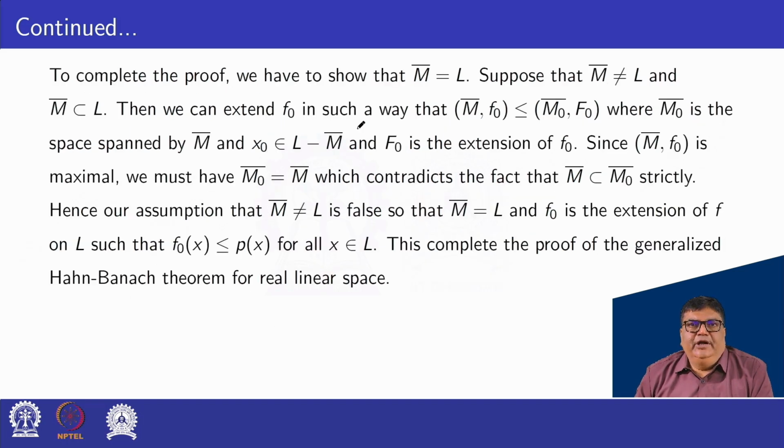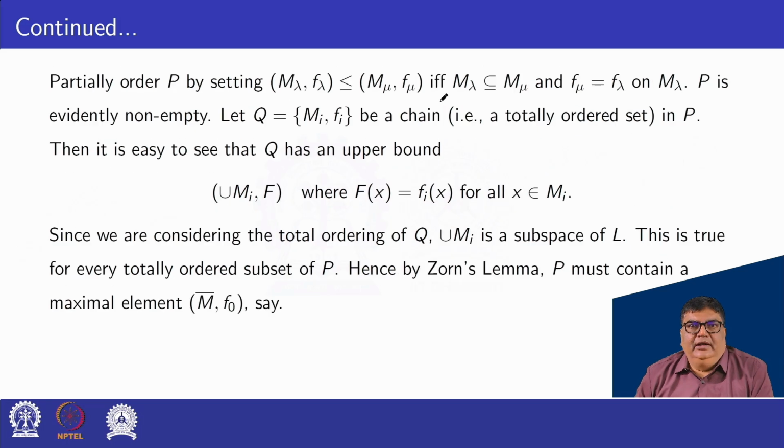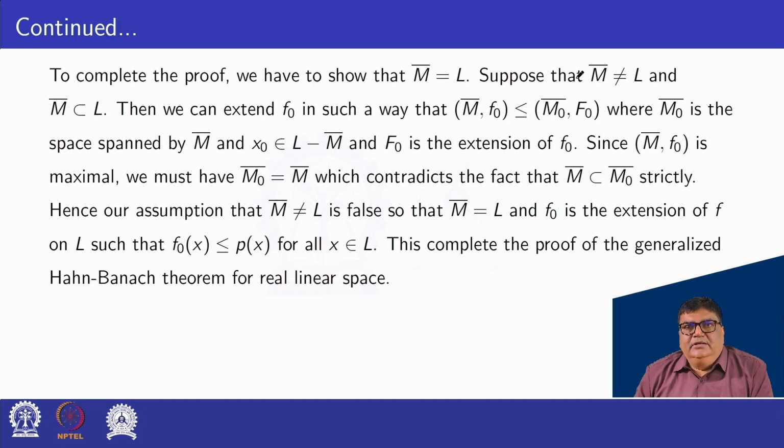To complete the proof, we have to show that M bar is equal to L, the whole space L. Suppose M bar is not equal to L and M bar is a subset of L. Then we can extend f0 in such a way that the ordered pair (M bar, f0) is less or equal to (M0 bar, capital F0), where M0 bar is the space spanned by M bar and x0 belonging to L minus M bar.